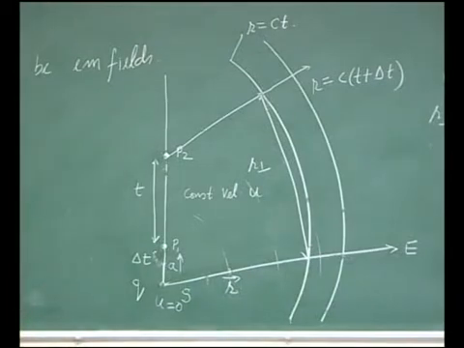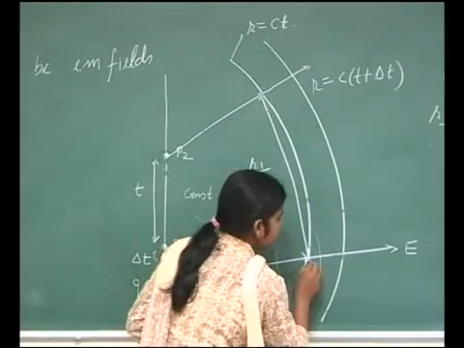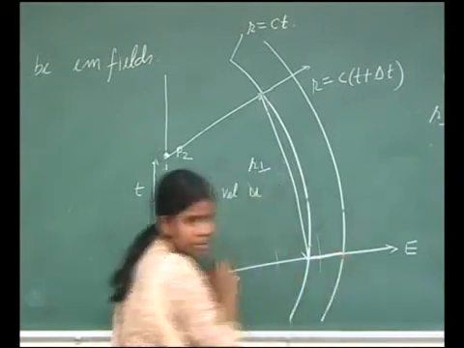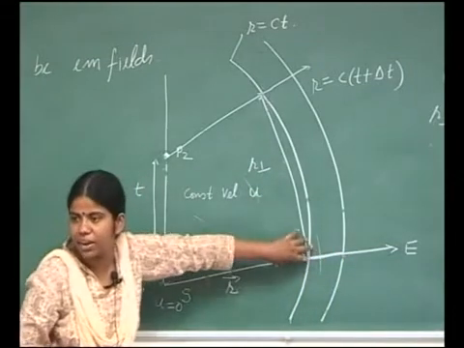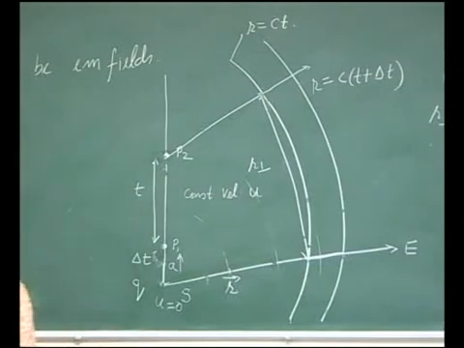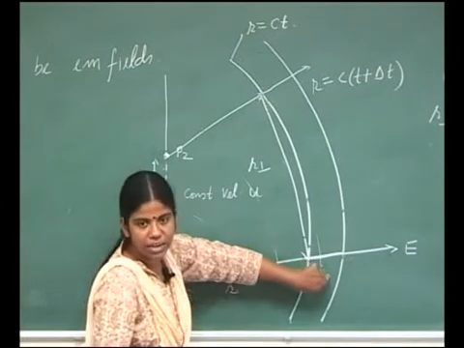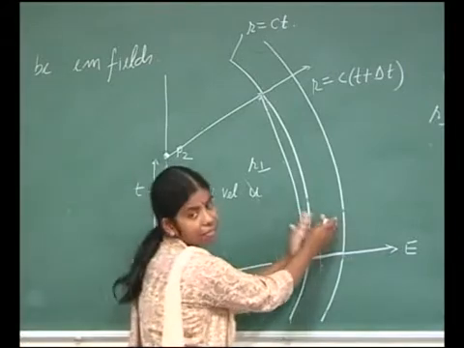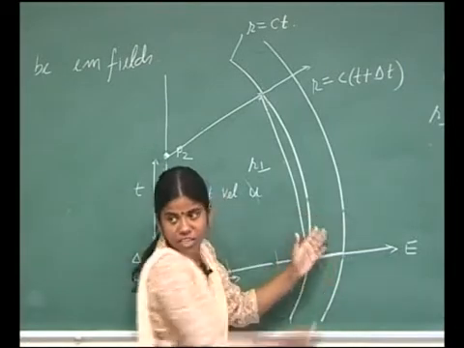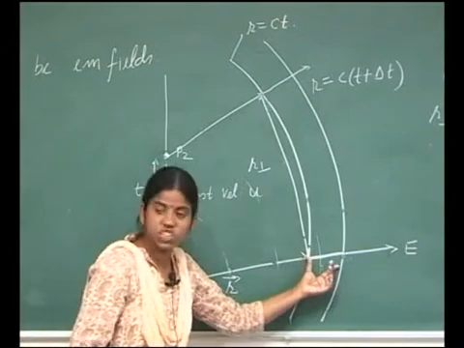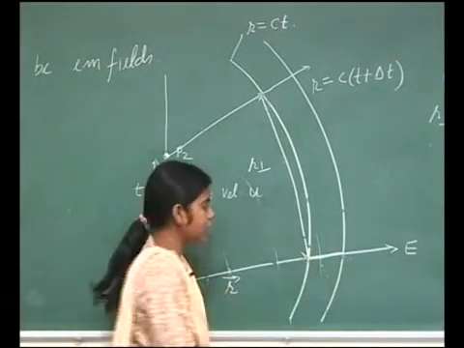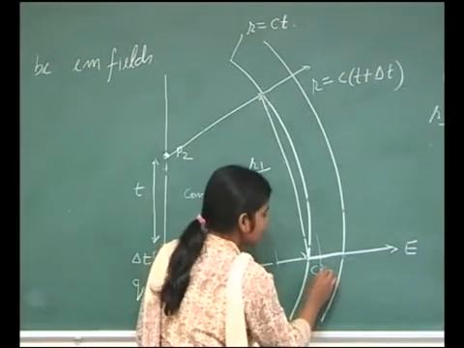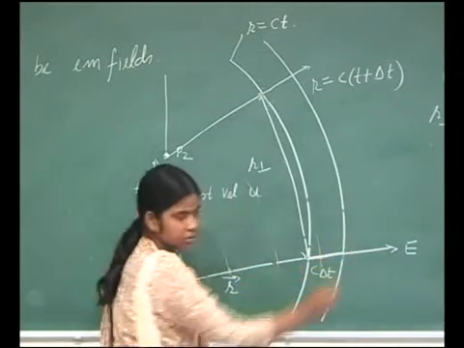So, the region of acceleration is this shell, and the thickness of this shell is c into delta t. Is it okay? So, my charge is accelerated only in this region, and the thickness of that shell is c into delta t.